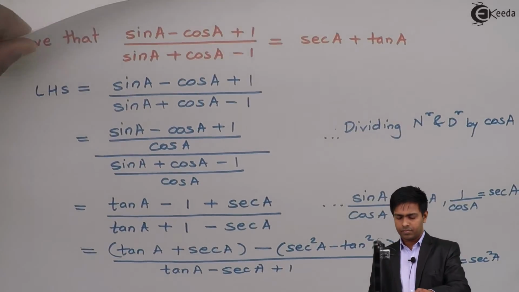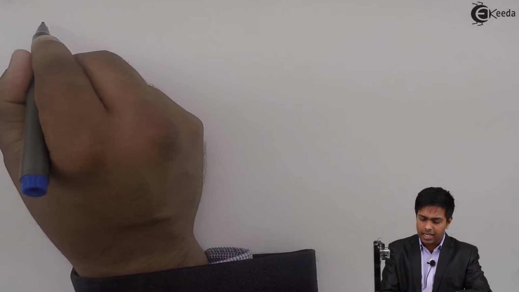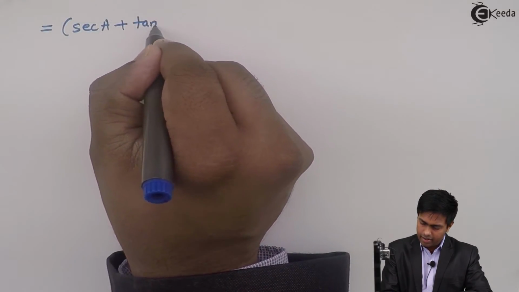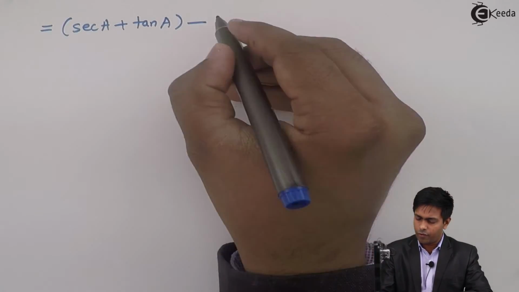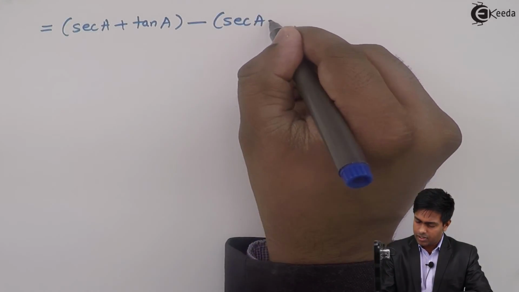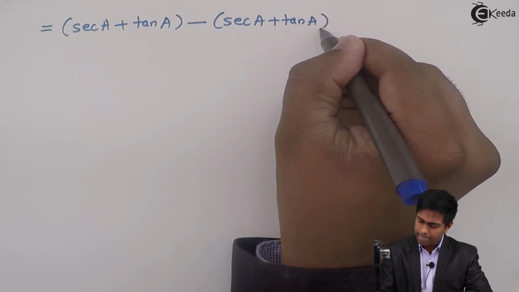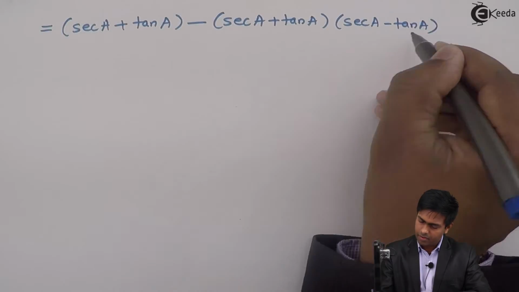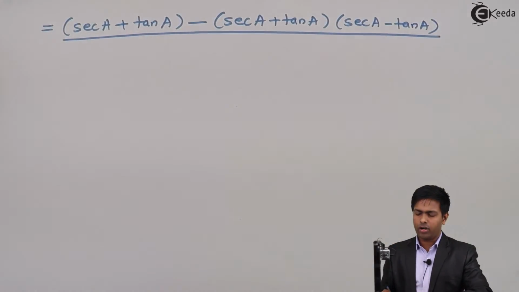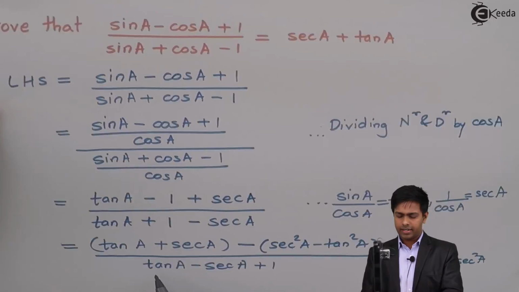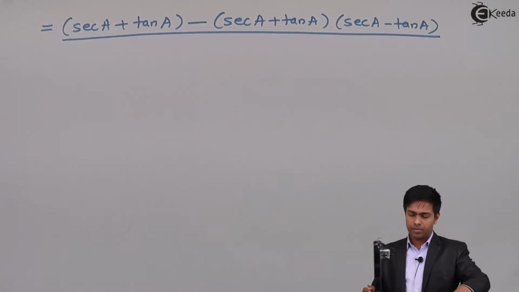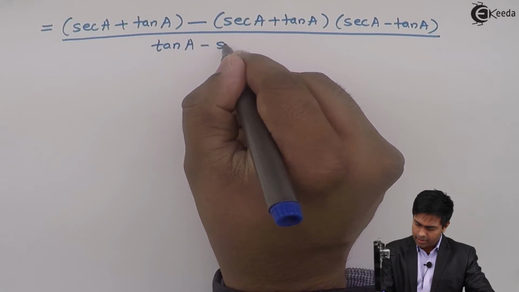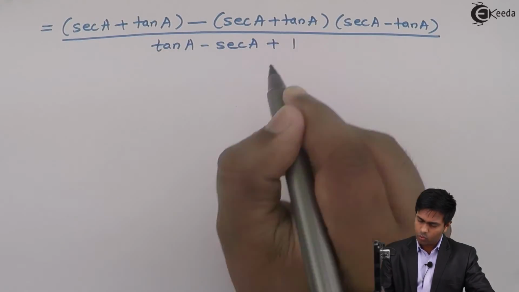So this first term is as it is, that is sec a plus tan a, minus, here the formula, (sec a plus tan a) and (sec a minus tan a), upon the denominator, which is tan a minus sec a plus 1.